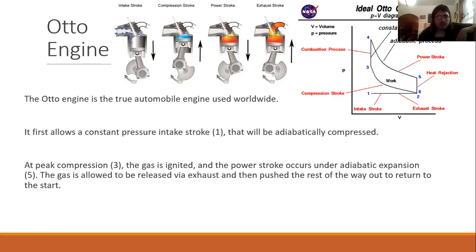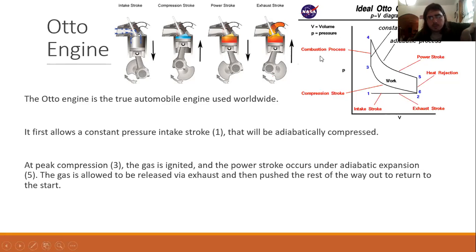So the first step is we allow fuel to flow in as we allow the engine to expand. Then, as a downward stroke, it compresses this. At this point, we do a spark, which causes this to heat up and start to expand. So the downstroke, or power stroke, and then as it compresses back up, we allow the gas to leave.